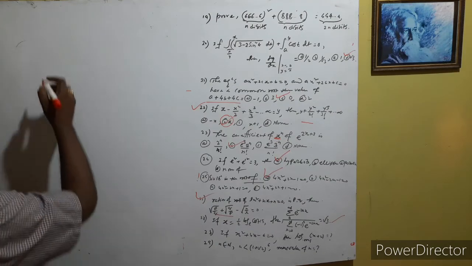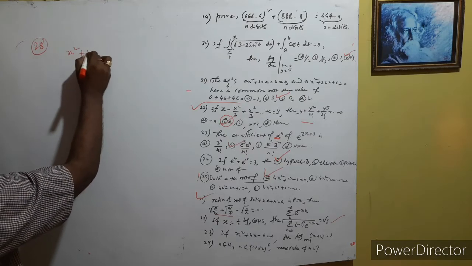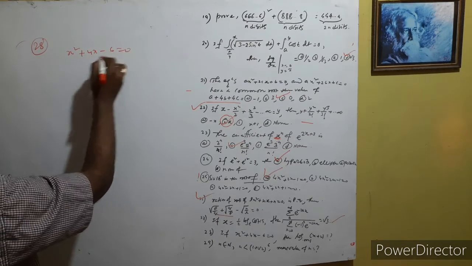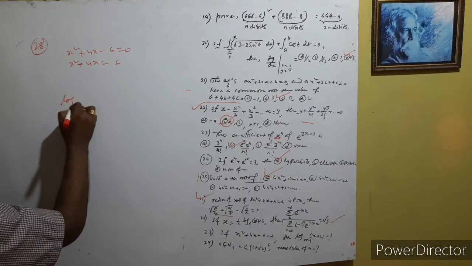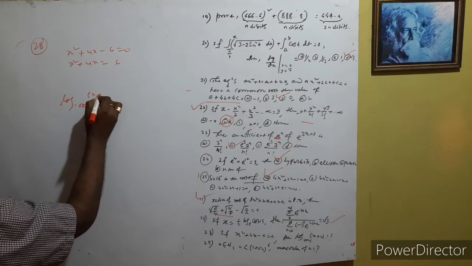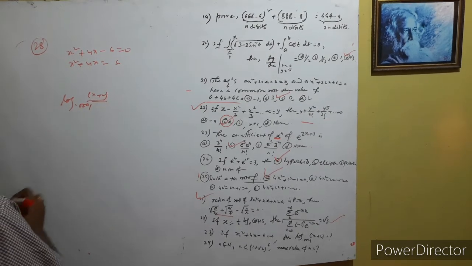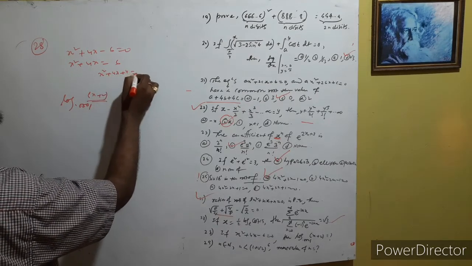28. You have given x square plus 4x minus 6 is equal to 0, x square plus 4x is equal to 6. Now log 0.001 and this is x plus 2. See, this is x plus 2, so that's x square plus 4x plus 4 is equal to 10.